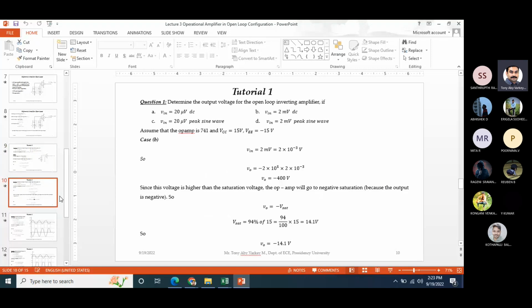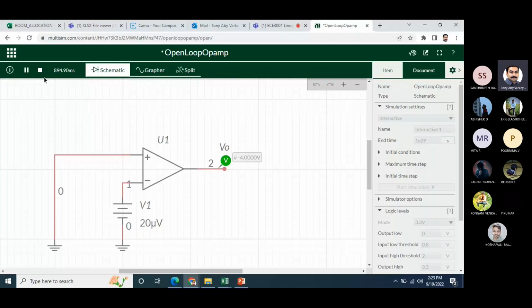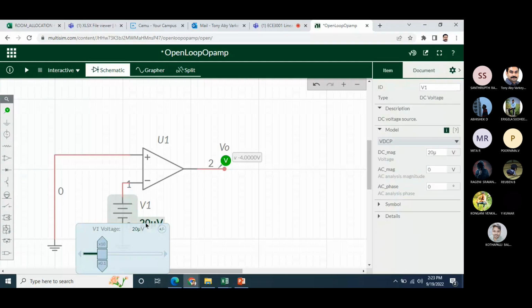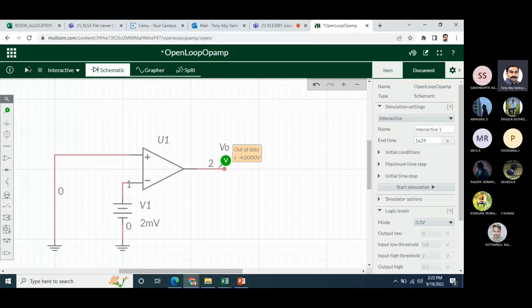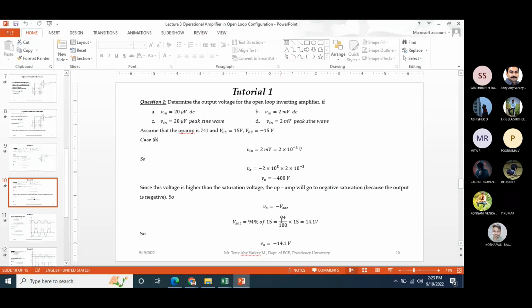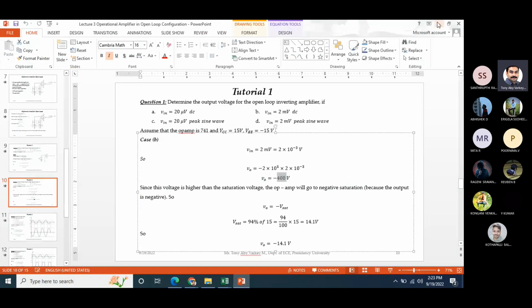Now let us see what will happen when I give 2 millivolt. I'll stop this and change it to 2 milli. I'll run. You can see that it will be minus 15. Is it clear? You will not get minus 400 volt, because op amp is going to negative saturation.